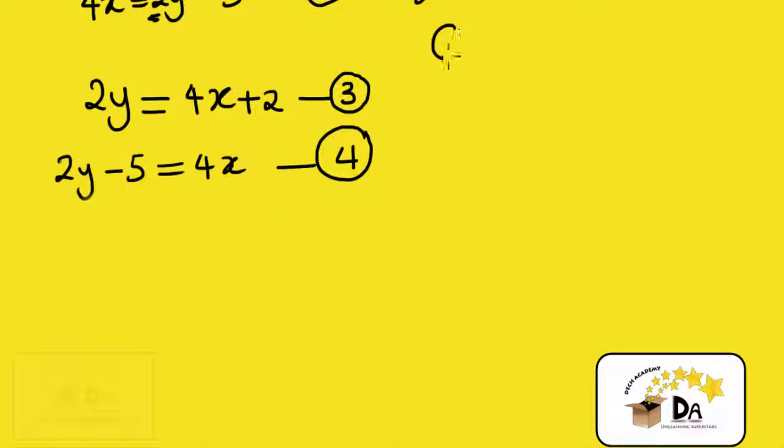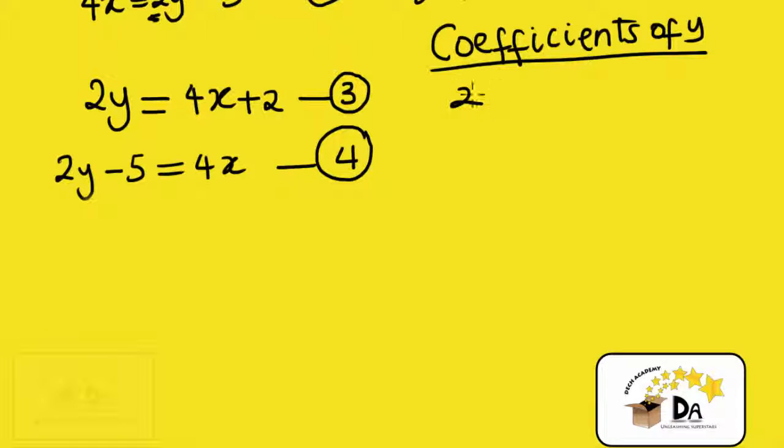Examining the coefficients of y in equations 3 and 4 reveals that the coefficient of y in equation 3 is 2, which has a magnitude of 2. The coefficient of y in equation 4 is 2 and also has a magnitude of 2. So the coefficients of y in both equations have the same magnitude.